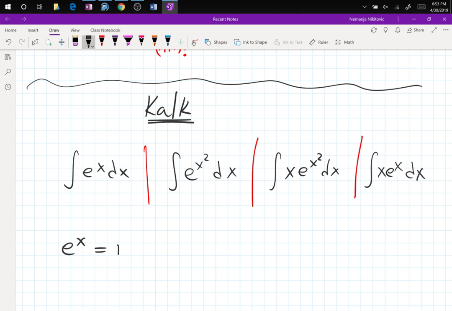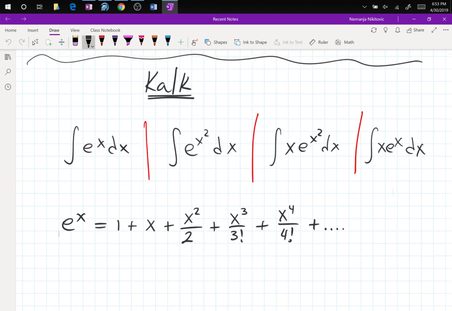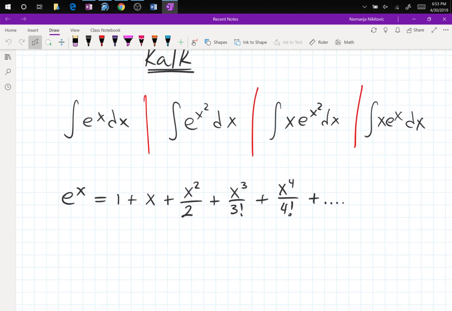It was 1 plus x plus x squared over 2 factorial plus x cubed over 3 factorial plus x to the 4 over 4 factorial plus dot dot dot. 2 factorial is 1 times 2, which is 2. 3 factorial is 6. You want the consistency.